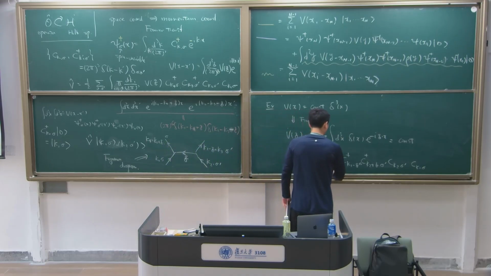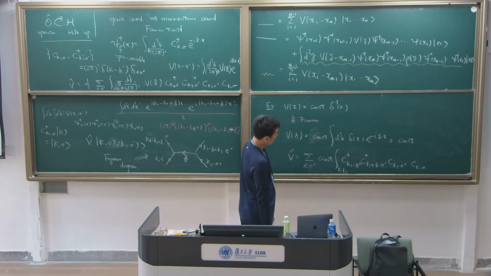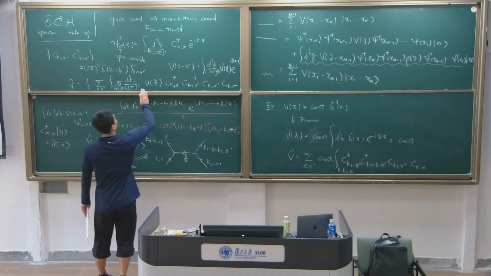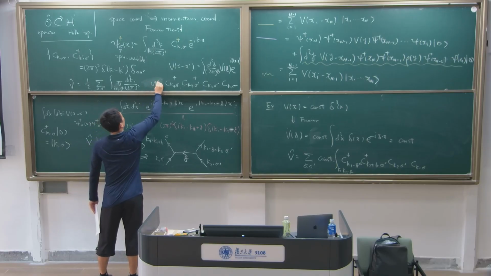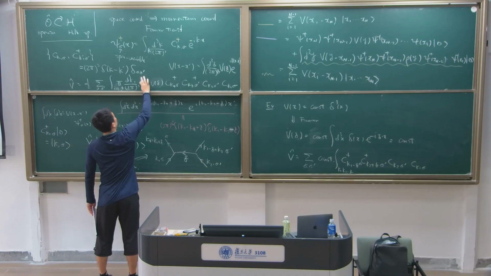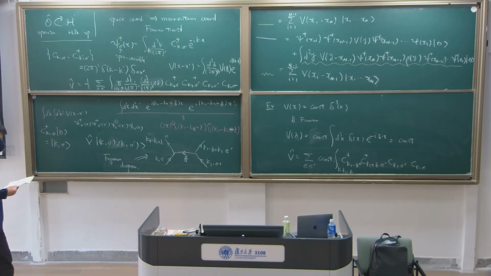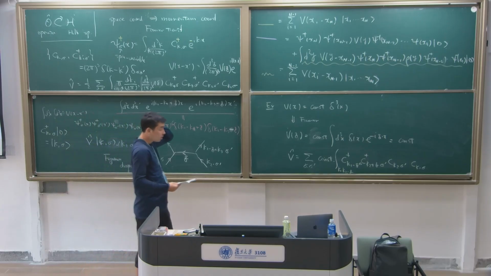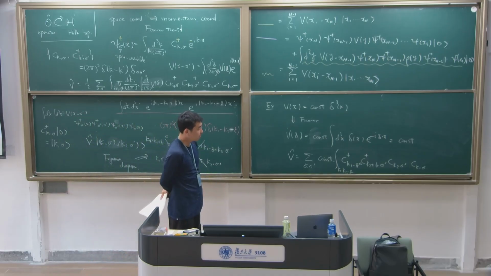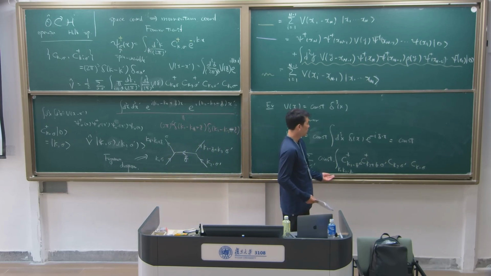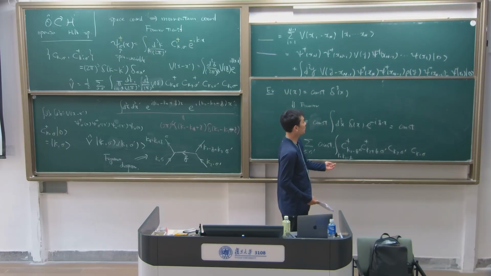And then you just need to integrate over K1, K2 and Q. I think I missed something: in fact there must be a V of Q. That's the potential operator if you have a delta function in momentum space.